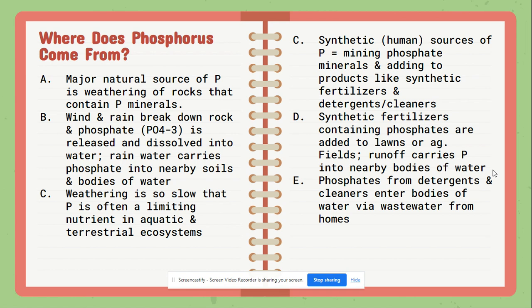Synthetic fertilizers that contain phosphorus, when added to lawns or maybe an agricultural field, can be carried into different waterways, and since it is a limiting factor, when those aquatic ecosystems get lots and lots of phosphorus, they tend to grow very rapidly, and in some cases can experience what's called eutrophication. That is where we tend to see a green film on that aquatic ecosystem, and as a result, we tend to see a hypoxic zone, or a lack of oxygen.